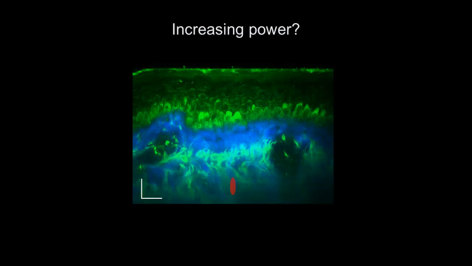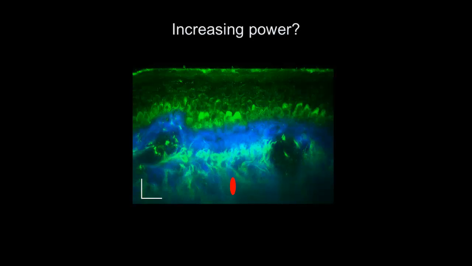Okay? So one way which people try to counteract this is by simply cranking up the excitation light when you go deeper. What does that do? It doesn't change the scattering properties of the medium at all. But what it does do, on average, is deliver more ballistic photons to this area. You just crank up the power, the number of photons, and on average more photons will arrive here.